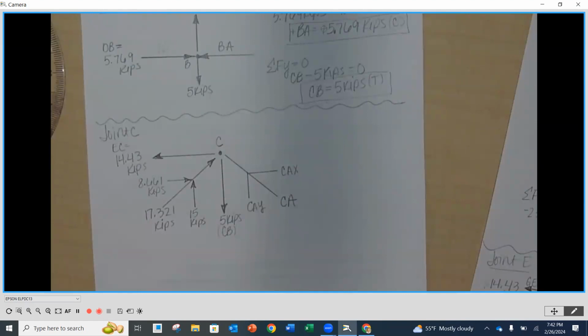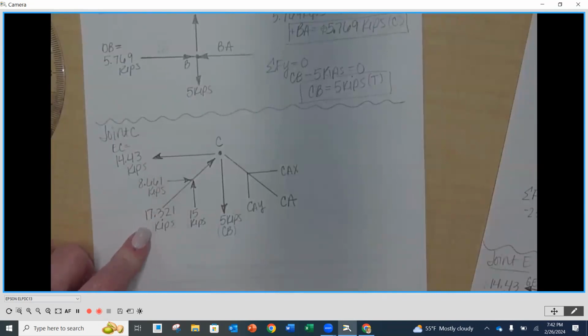We seem to know everything except CA, right? So I have looked back at all of my joints, identified my tensions and compressions. So if it was in compression and pointing at the other joint, then it has to be in compression and pointing at this joint. So EC was in tension, pulling away, so it has to pull away from C. This was CD.